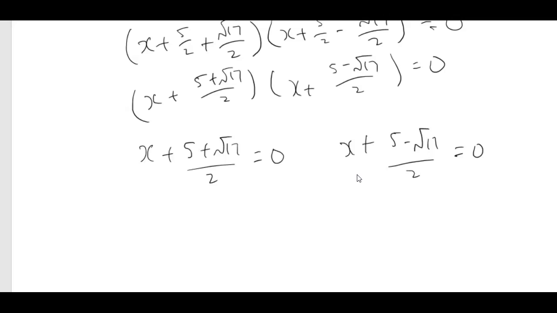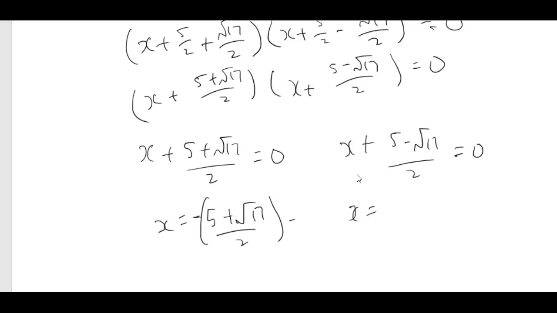So that means x is equal to negative 5 plus root 17 on 2. Sorry, I was going to write 0 there, but I shouldn't have.